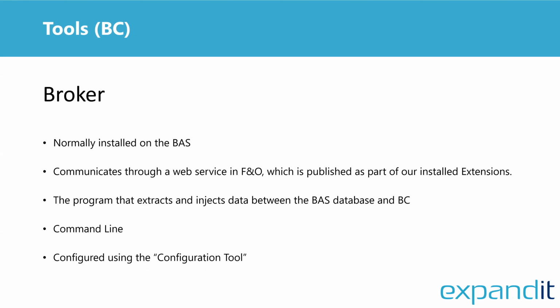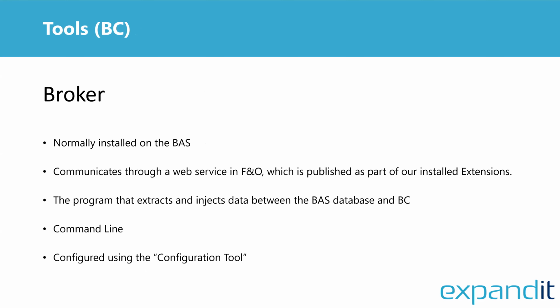So really the key here and the difference is now we're going to discuss F&O. When you're connecting to F&O, it's connecting through a web service, and it's not utilizing the extractor or the injector. It's utilizing what is called the broker. This is, again, normally installed on the BAS.